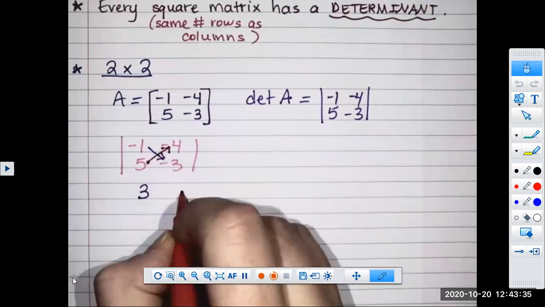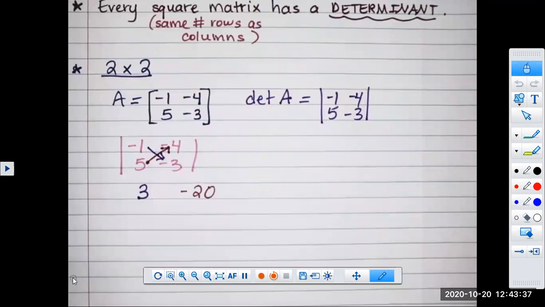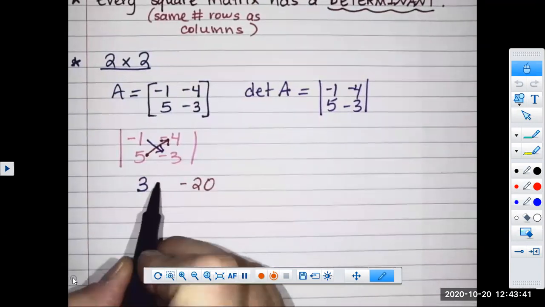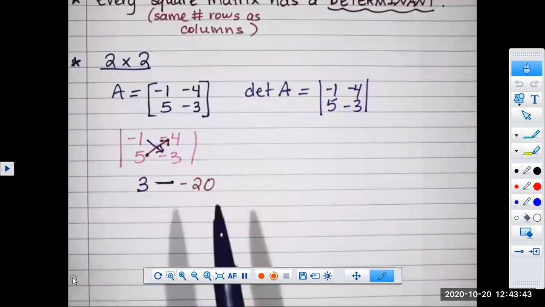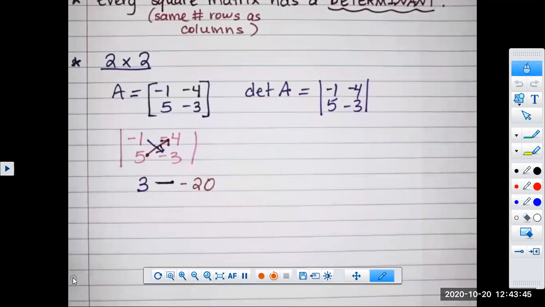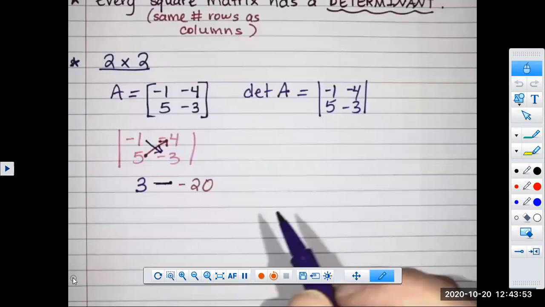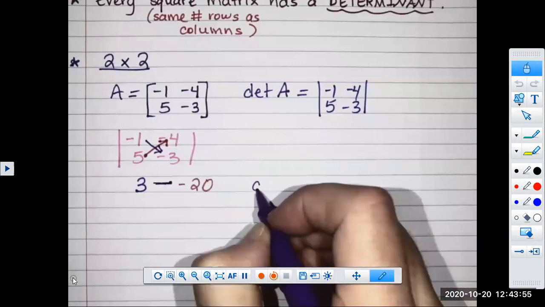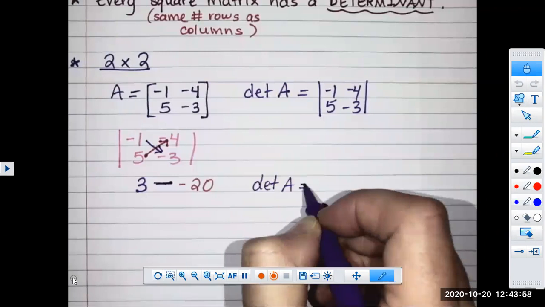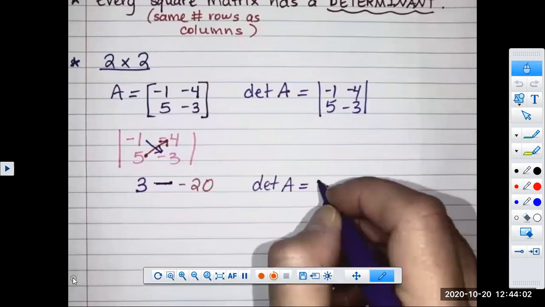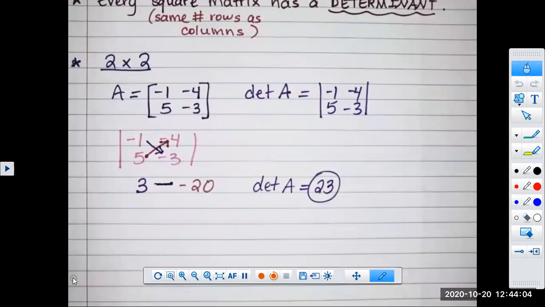So that'll give you negative 20. And the last thing you do with these is subtract. So just cross multiply and subtract your two numbers. So the determinant of A is what? It's 23.